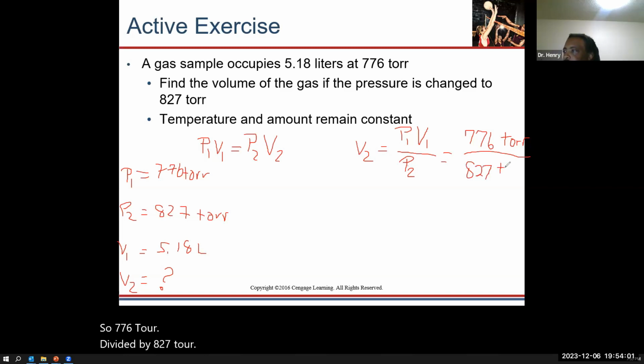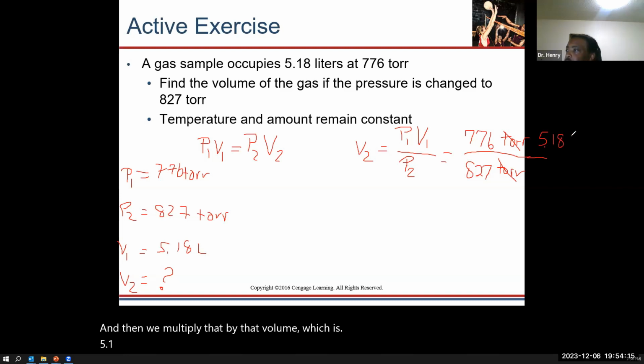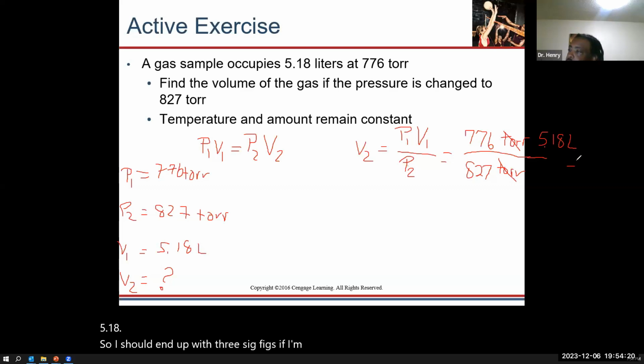We'll see the units of torr, of course, cancel each other out, so we don't have to worry about that unit. And then we multiply that by the volume, which is 5.18. So I should end up with 3 sig figs if I'm correct, and the unit left is liters.